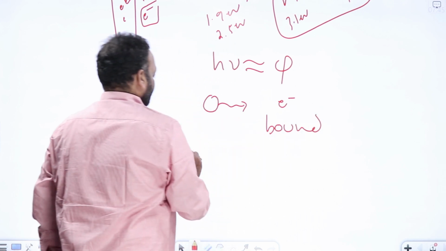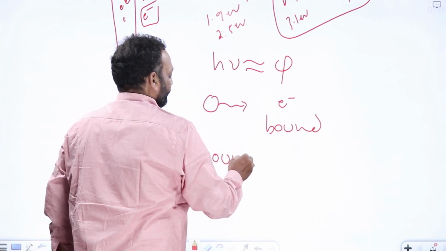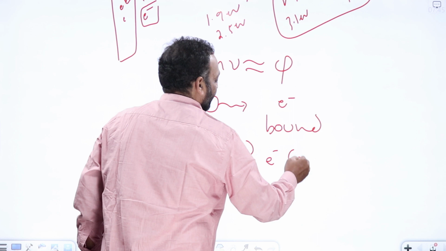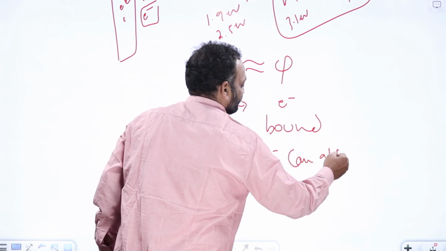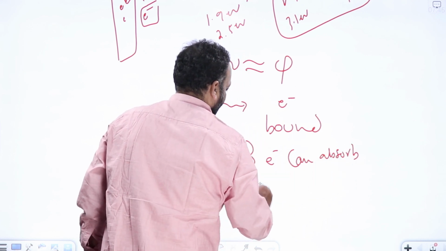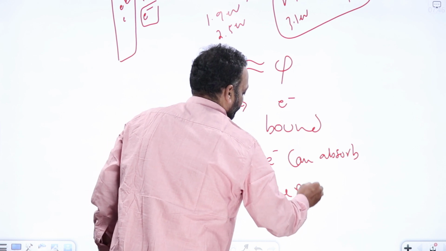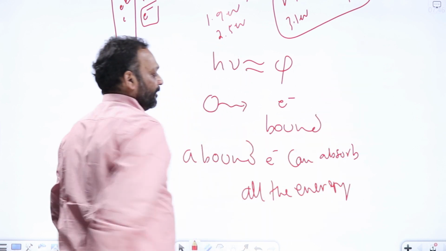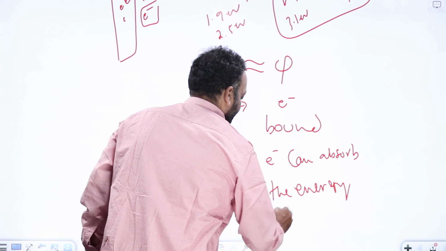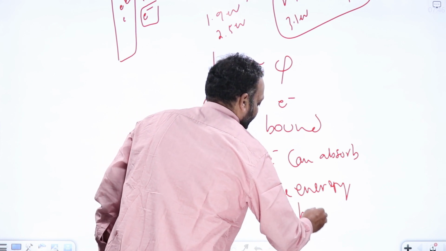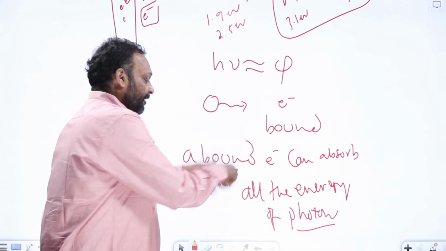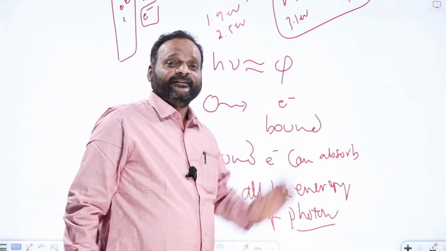A bound electron can absorb all the energy of the incident photon. That's why the incident photon gives all its energy to the electron and disappears after the interaction.